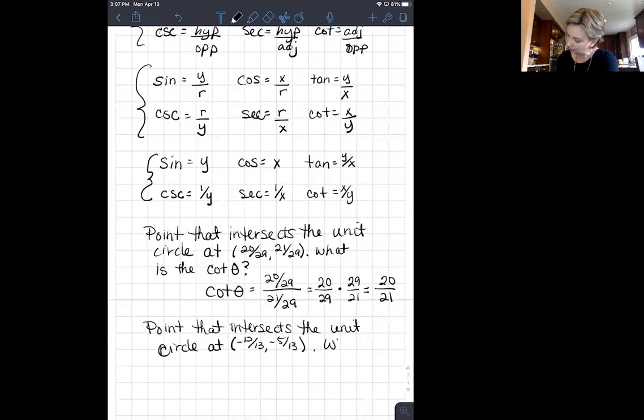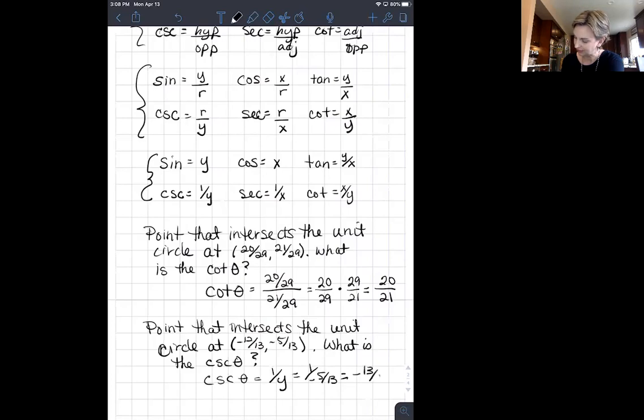And let's say, what is the, let's use cosecant this time, for that point. Cosecant is 1/y. So that's 1 over -5/13, which is -13/5.